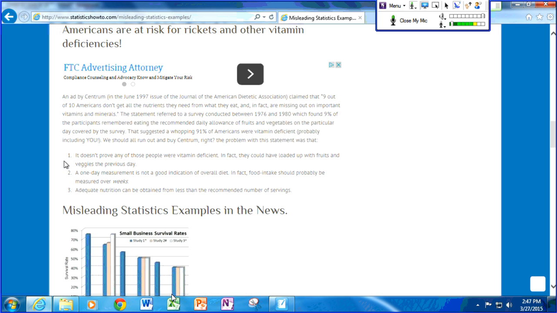The data they collected was maybe a little dodgy. If you're going to survey people about their eating habits, standing outside of McDonald's and asking them what they had for lunch is probably not a good, reliable survey to find out what their actual eating patterns are like. Okay, and then adequate nutrition can be obtained from less than the recommended number of servings, right?